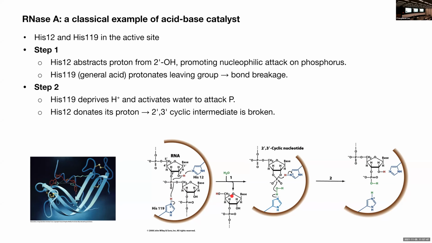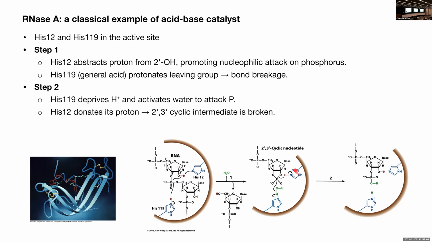So it's left in this form. Now this histidine 119 will be basic because it lost the proton, and this histidine 12, which gained the proton, will work as an acid now, in the opposite way.